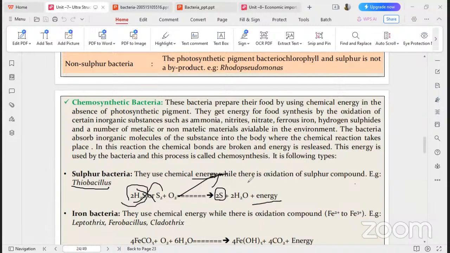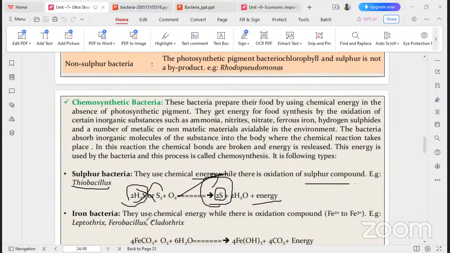They depend upon sulfur compounds, that's why we call them sulfur bacteria. We have studied green sulfur bacteria and purple sulfur bacteria. Based upon this reaction only, we could know that oxygen is released from H2O, not from CO2. That is the Hill reaction, which we studied in physiology.